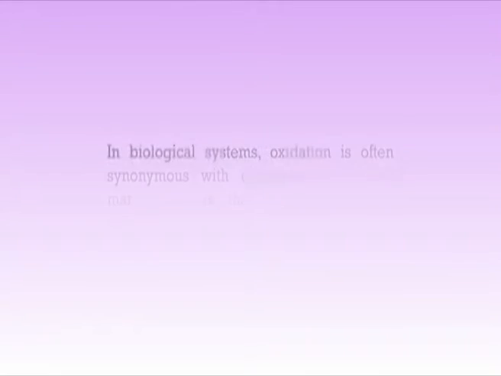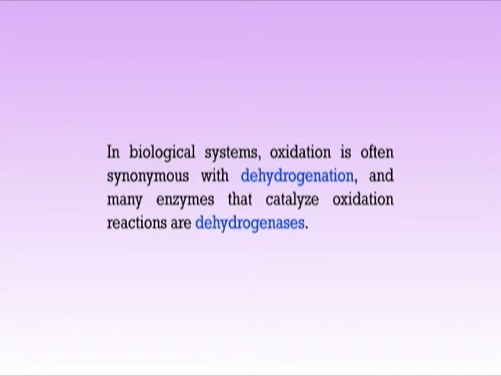In this case, oxidation, which is the loss of electrons, is coincident with the loss of hydrogen. In biological systems, oxidation is often synonymous with dehydrogenation, and many enzymes that catalyze oxidation reactions are dehydrogenases.